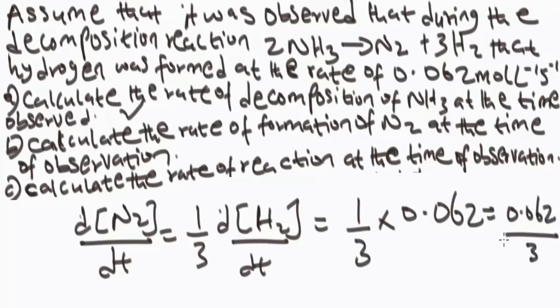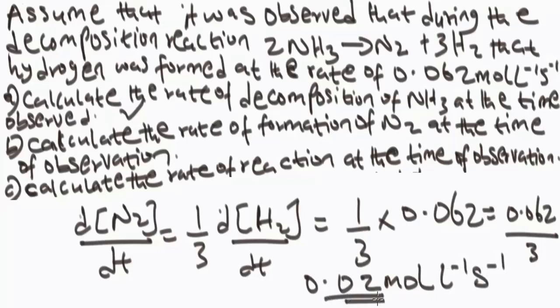Let me divide in my calculator here. When you divide, you're going to have the value to be 0.02 mole per length per second. Alright, so this will be the rate of formation of nitrogen gas at the time observed.